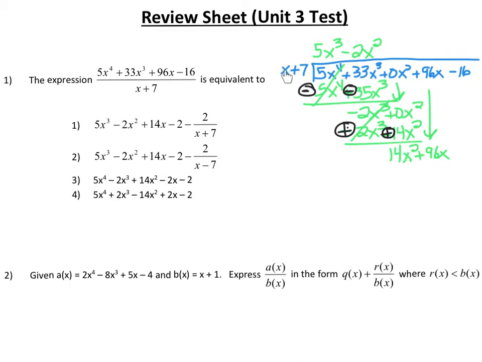So I would multiply x by 14x in order to give me 14x squared. So I'm going to put the 14x on top. And then let's distribute. 14x times x is 14x squared. And then 14x times 7 would be 98, so positive 98x.